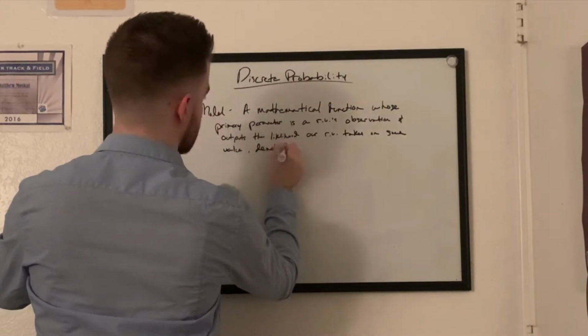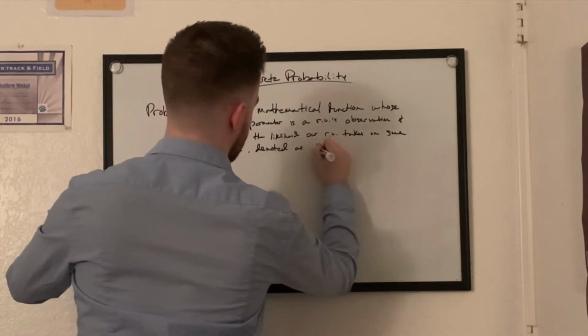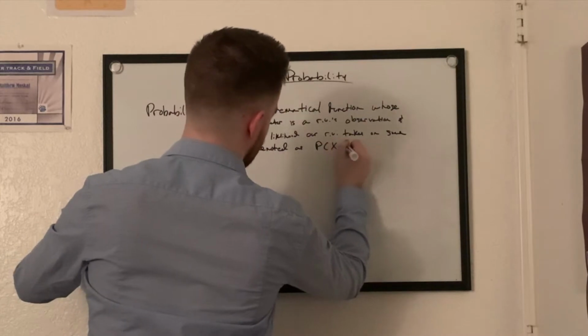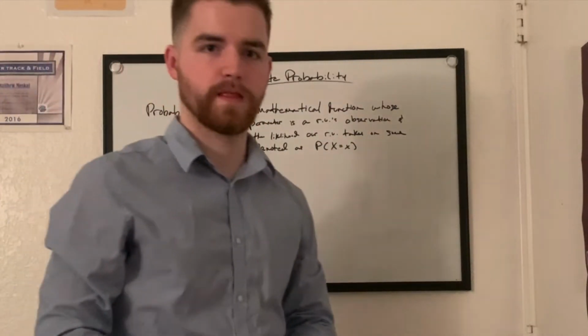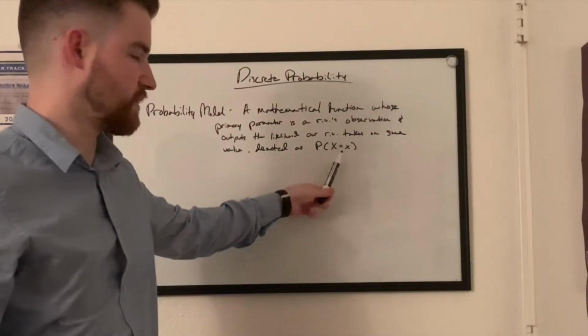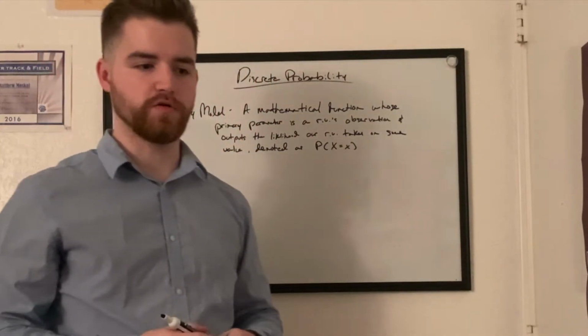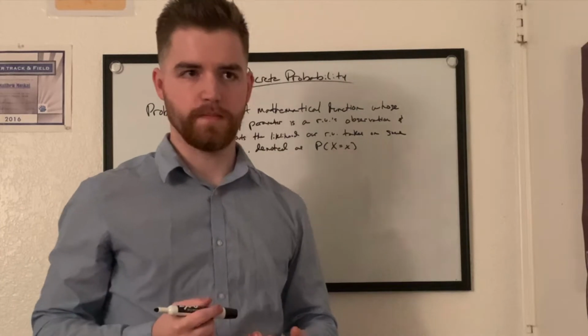This is usually denoted as the probability big X equals little x, where big X is whatever our event is and little x is some value that it can take on.